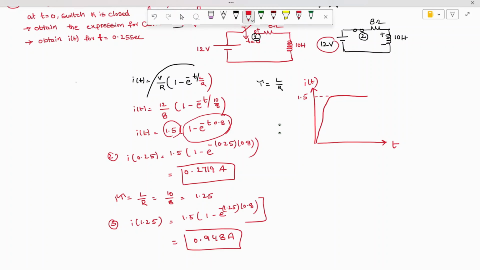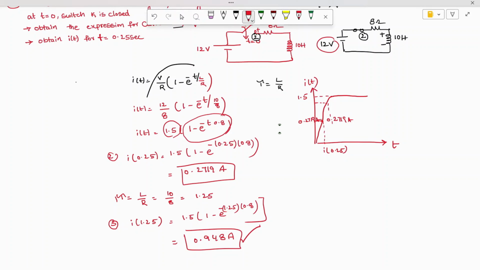0.27. This is the current at a time of 0.25 seconds, 0.2719 ampere. And here you are going to get 0.9.